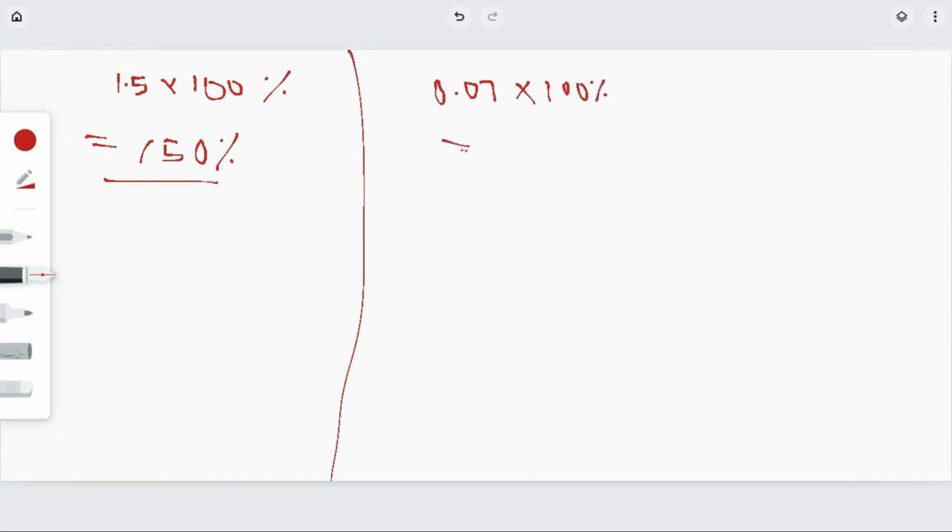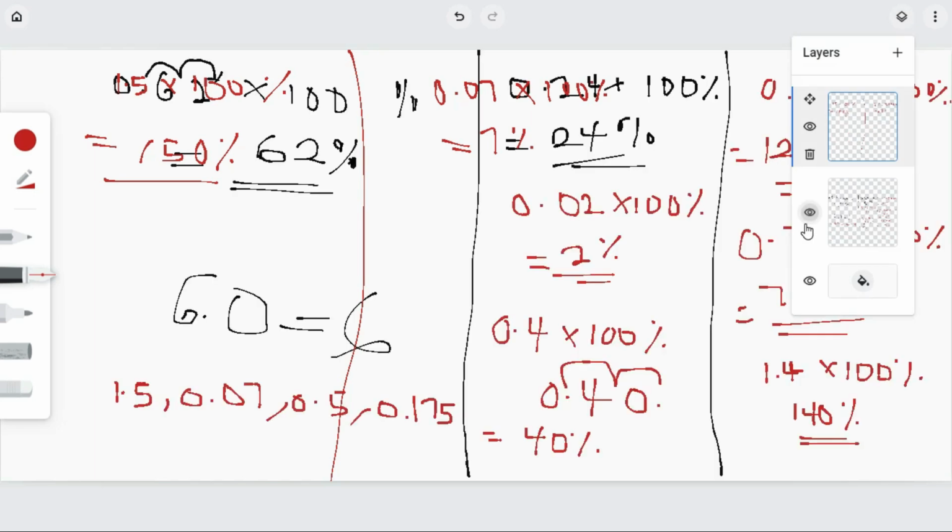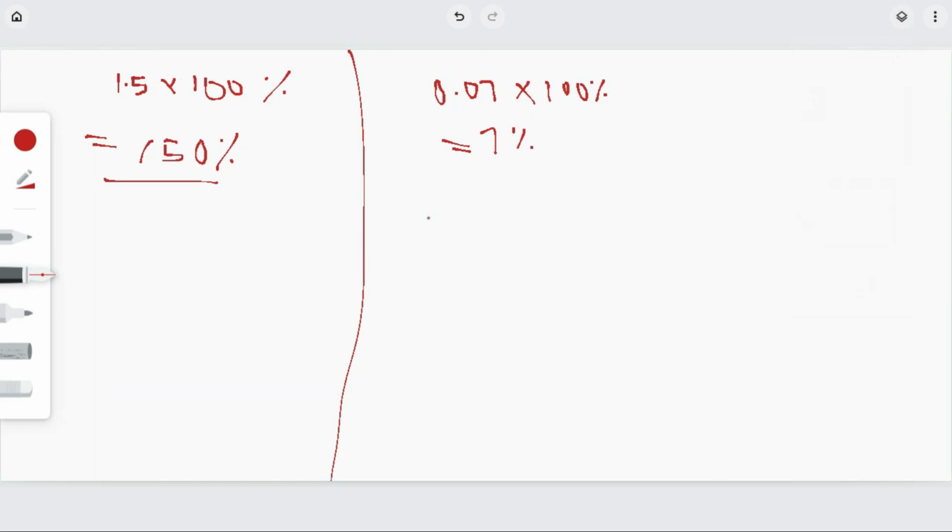So the next one, which is 0.5. If you want to change 0.5 to percent, that will be 0.5 times 100, and I'm going to write the percentage sign after it. Now that means shift the decimal point 2 times, so we have 50 like this.